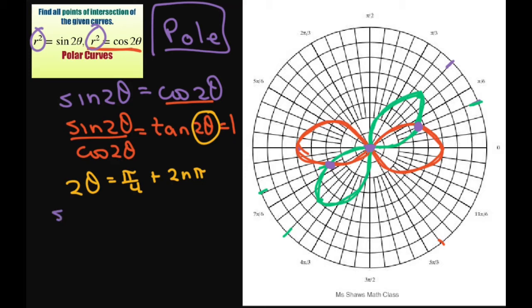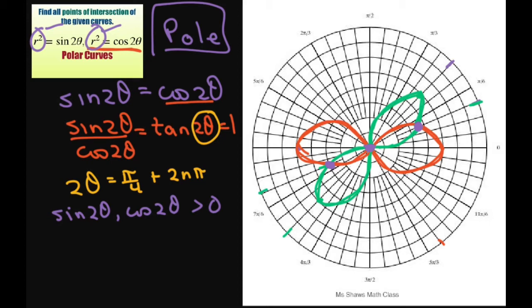Sine of 2 theta and cosine of 2 theta must be positive in our equations because we have r squared. So that's why we don't just use pi. Usually with tan we use pi, but since both the sine and cosine of 2 theta have to be positive, we use 2 pi.